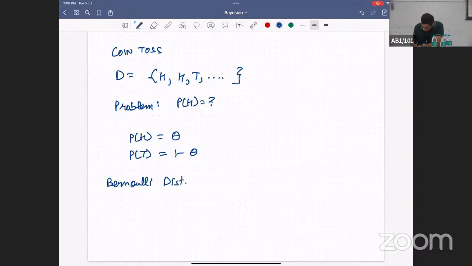So based on this, this is Bernoulli distributed, right? If we have to write, the probability that D1 is equal to heads is just theta. Probability of D1 equal to tails is 1 minus theta.